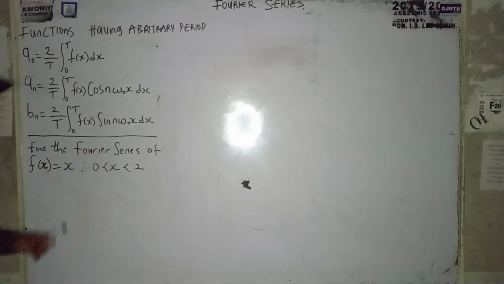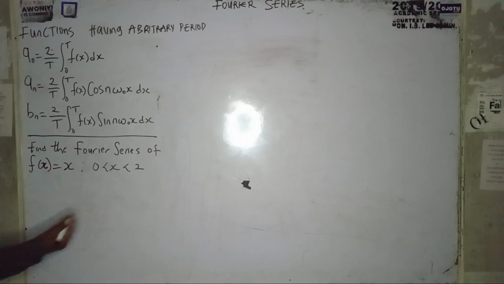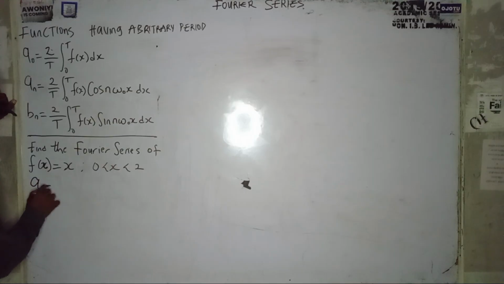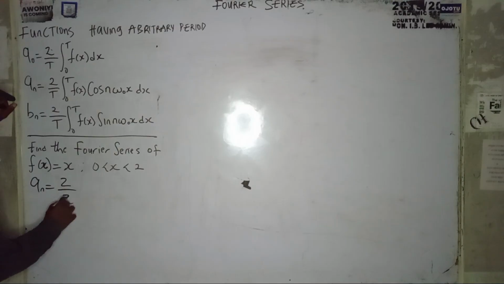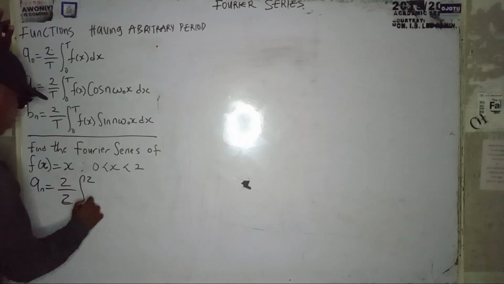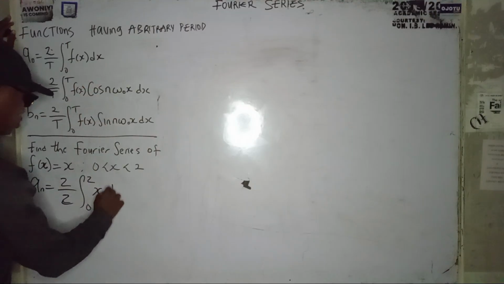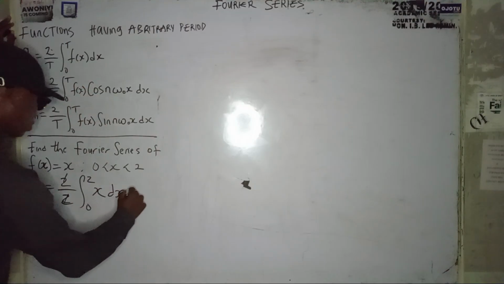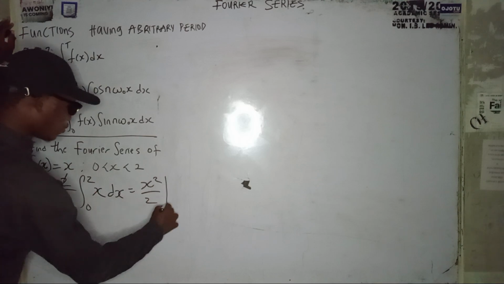Now let us solve the question here in order to understand this better. First, the first thing we have to get is our a naught, which equals 2 over, our period here is 0 to 2, so 2 over 2, the integral from 0 to 2 of f of x, which is x, dx. So 2 cancels 2, and the integral of this gives us x squared over 2 from 0 to 2.